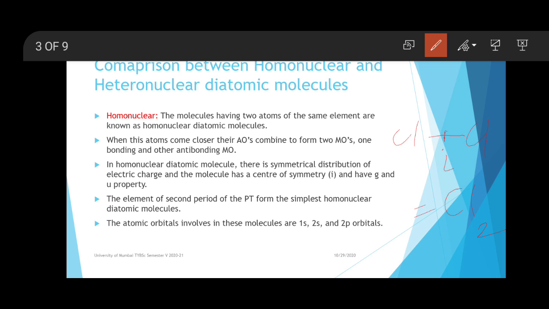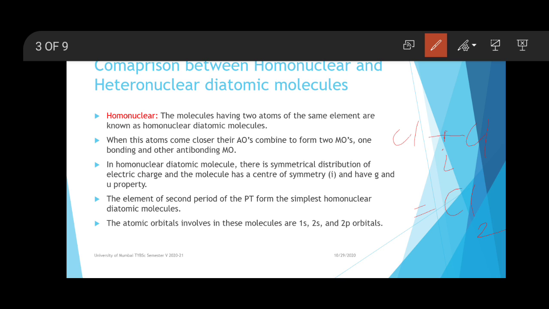Also, G and U properties are used to describe such molecules. G means gerade and U means ungerade. So gerade and ungerade properties are also described by this example. Now, mostly, as I said a few minutes before, the elements of the second period of the periodic table form such simplest homonuclear diatomic molecules.